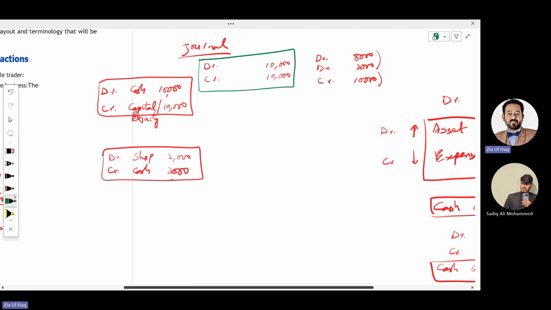If we are recording something as a debit, there should be something as a credit. Otherwise, this accounting entry is incomplete. It's not that there is only one thing on the debit and one thing on the credit. No, there could be more than one thing on the debit or credit side, but debit and credit should be equal.